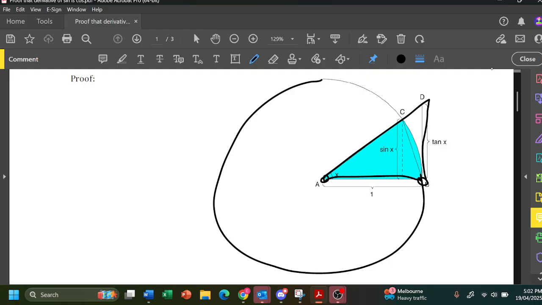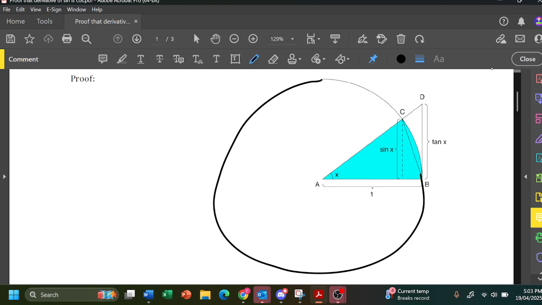And if we consider the tangent ratio, so we remember that tan is equal to opposite over adjacent, we now see that the adjacent side is equal to 1, so tan is equal to opposite divided by 1, which is just the opposite. So tan is equal to the opposite of that larger triangle, so that's why we've labelled that as tan there.